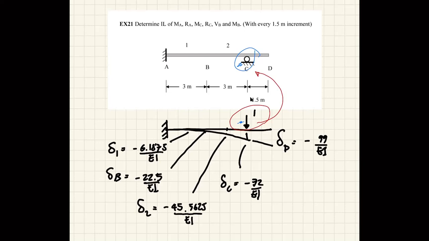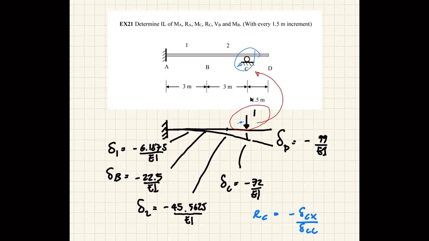So in fact, we can simply say RC is going to be equal to minus delta CX divided by delta CC, right?